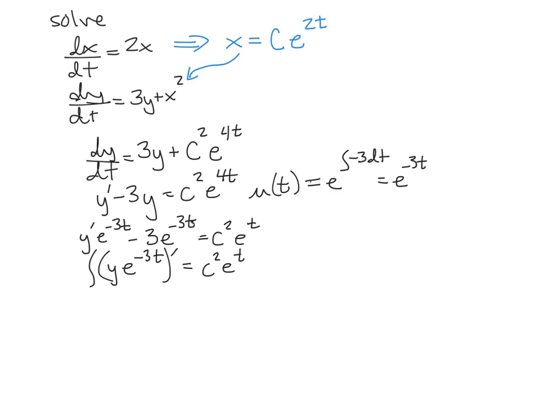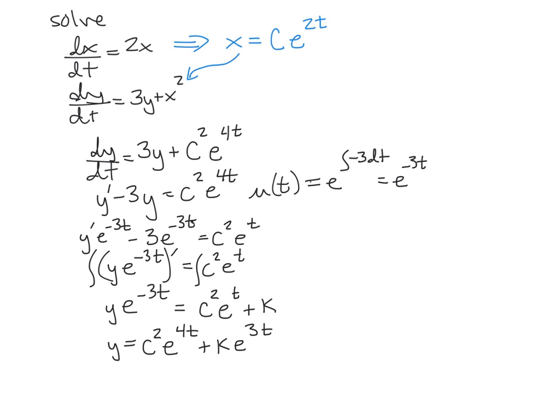Now I can integrate both sides. On the left, I get y e to the negative 3t, and on the right, I get c squared, that's just the constant, integral of e to the t is e to the t, and then I get another constant. We'll call that k. Divide by the integrating factor, which would be the same thing as multiplying by e to the positive 3t. We're going to get c squared e to the 4t plus k e to the 3t.